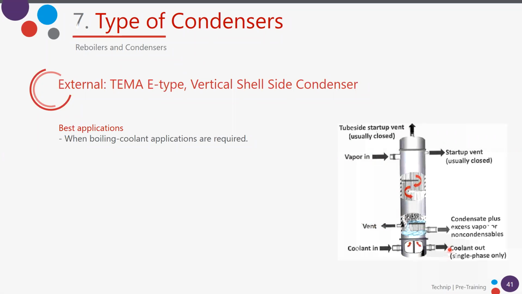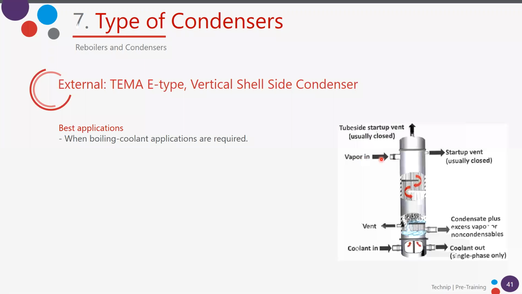In this case, the coolant, maybe cooling water, is placed on the tube side to condense the shell side fluid.